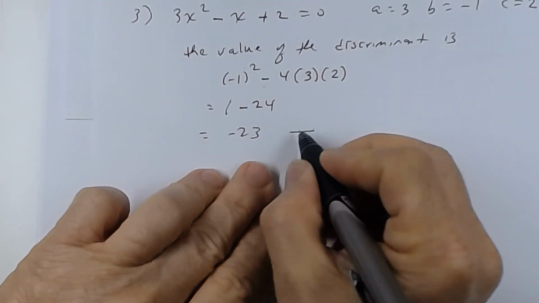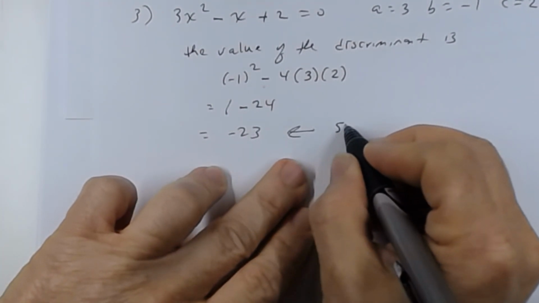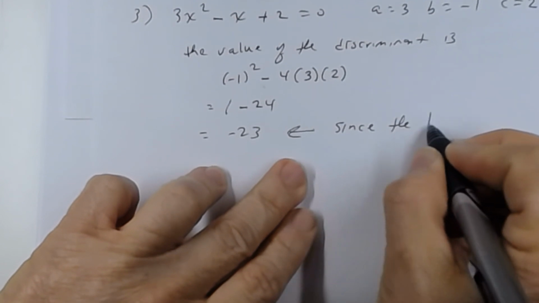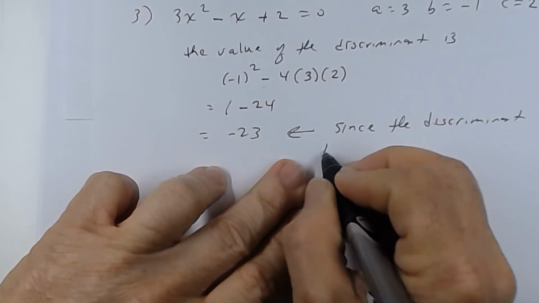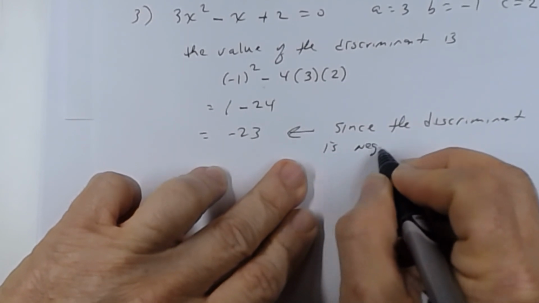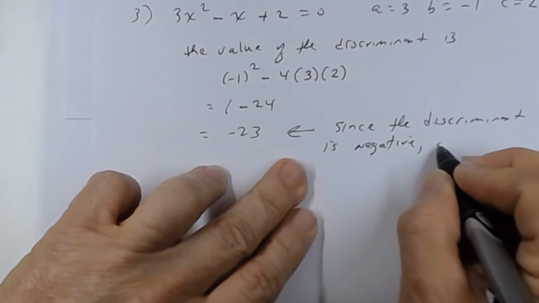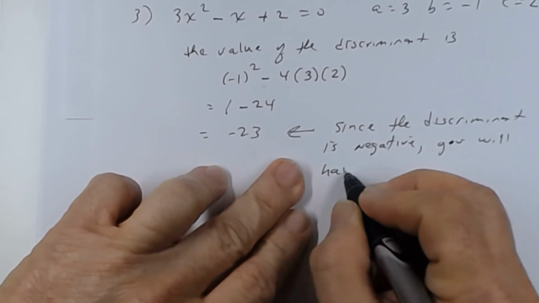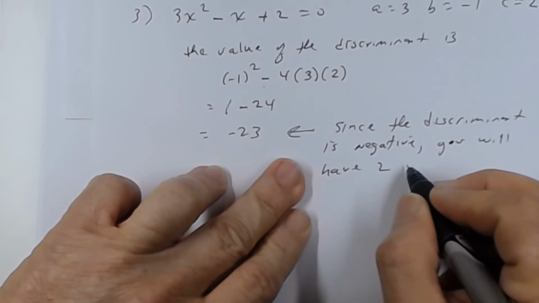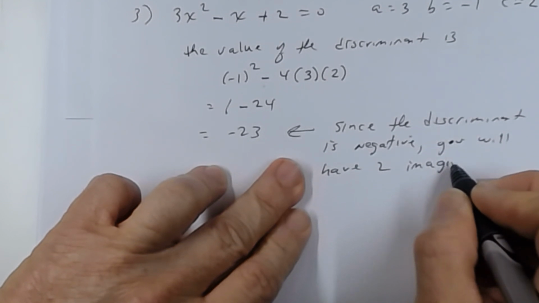So since the discriminant is negative, you'll get 2 imaginary solutions.